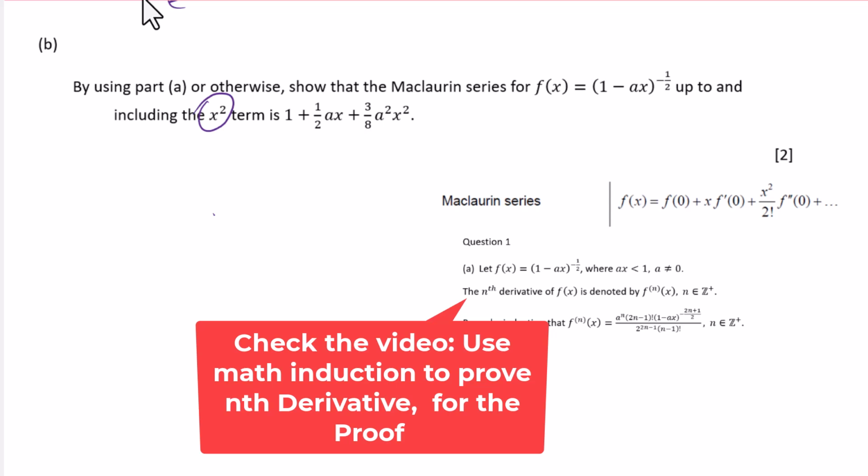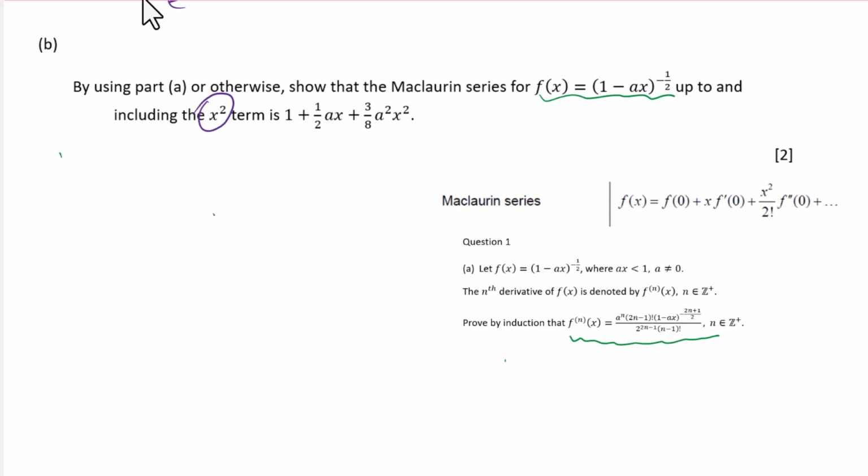Since from A we already proved this is true, we will use the basic concept of a Maclaurin series to work this out. F of x equals 1 minus ax to the power of negative 1/2.